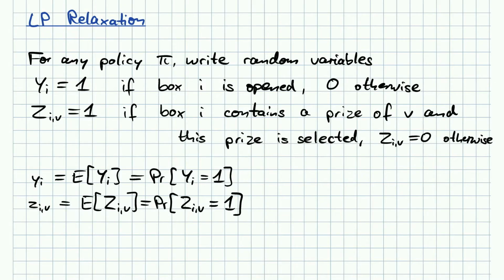But this z_{i,v} is a little more complicated because we now have the statement that we, on the one hand, see this prize of value v inside there and that this prize is selected. So maybe let's once again consider our policy that we saw earlier, which opened the boxes adaptively.